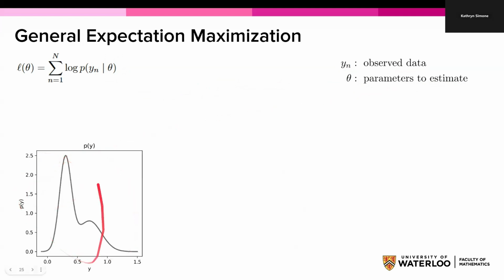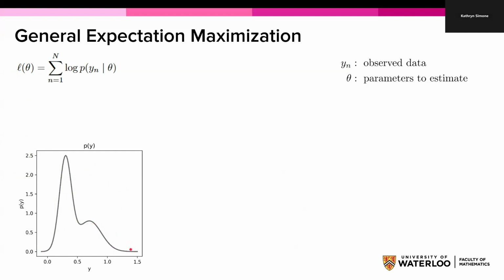So to have a picture in our heads as we go along through this analysis, the density plot on the left here is an example of what the distribution might look like for our data. So in the Gaussian case, our density function included a sum, and we couldn't optimize that directly.